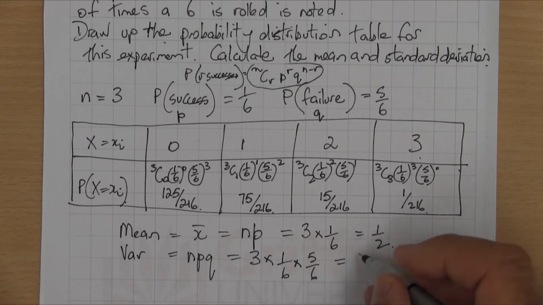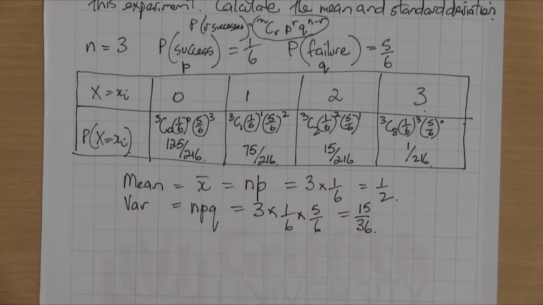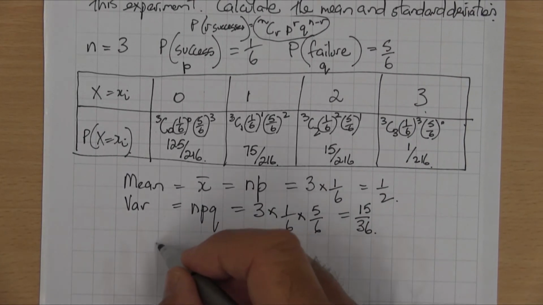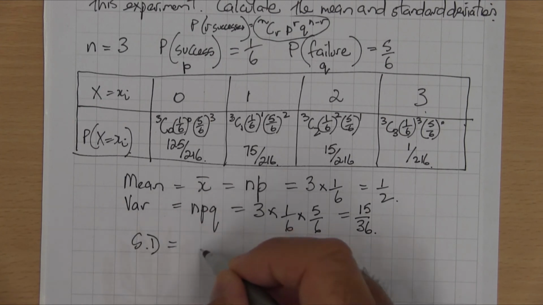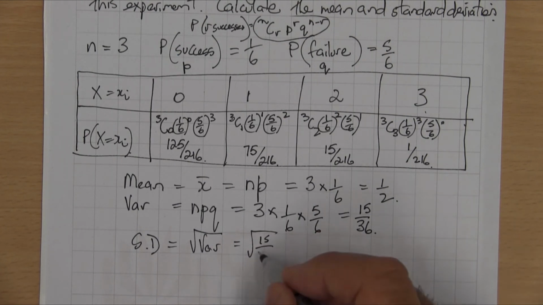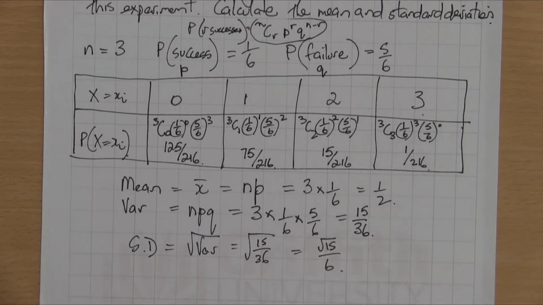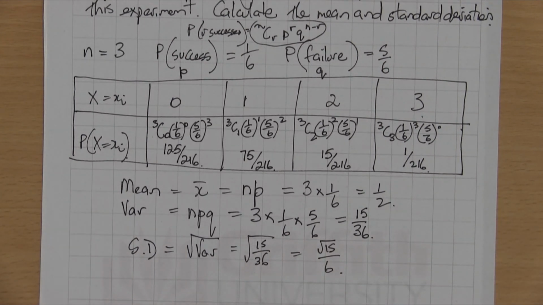So that's 15 on 6 squared, 36. So that's the variance. We were asked for the standard deviation. So the standard deviation, the square root of the variance, is the square root of 15 over the square root of 36. So root 15 over 6 is the standard deviation.